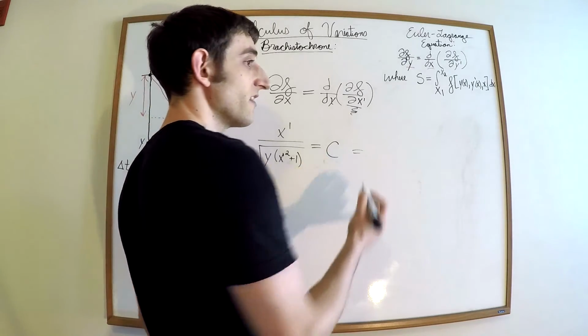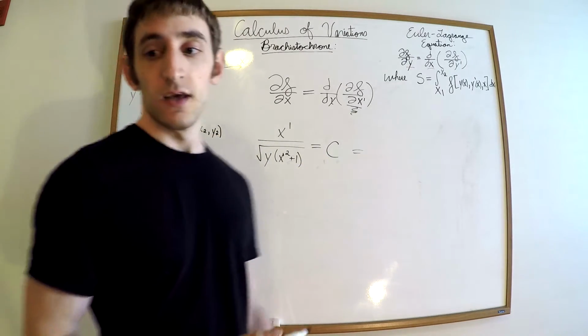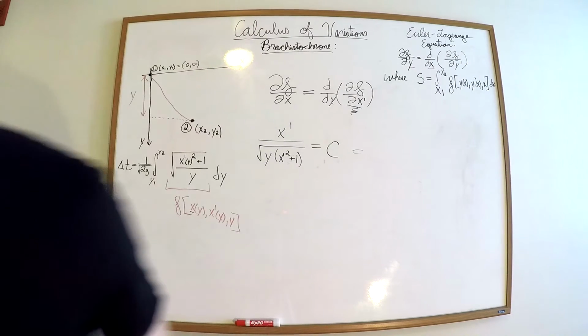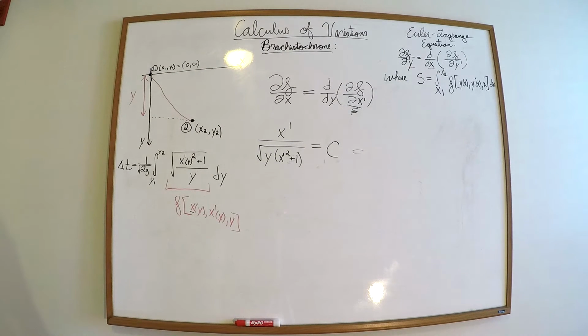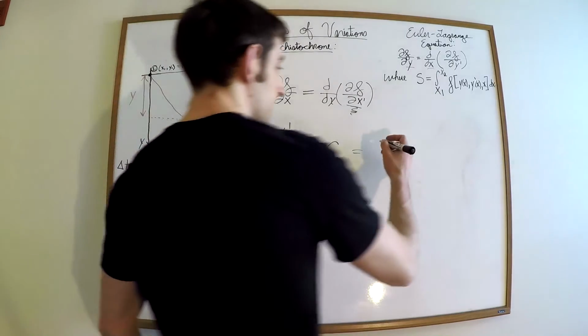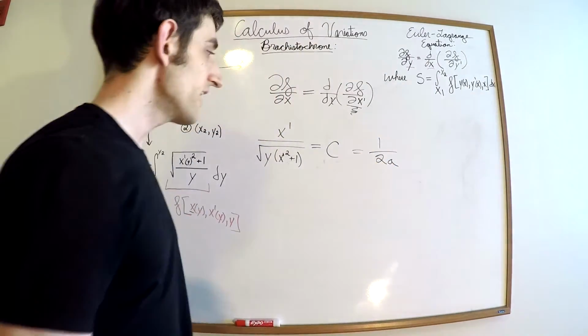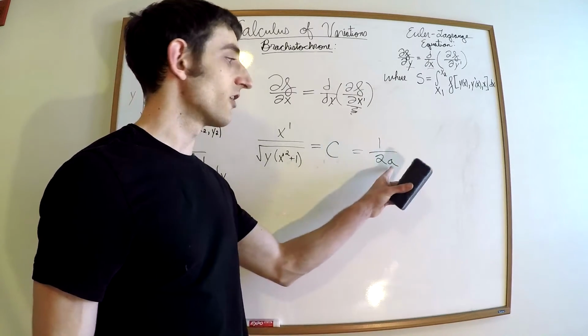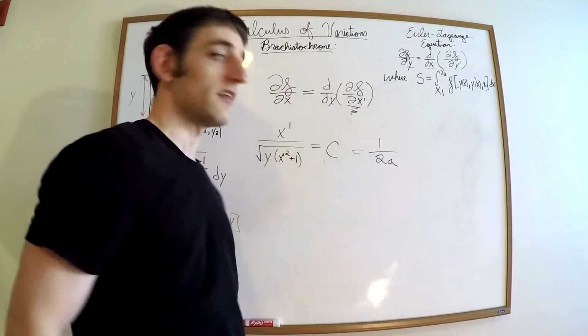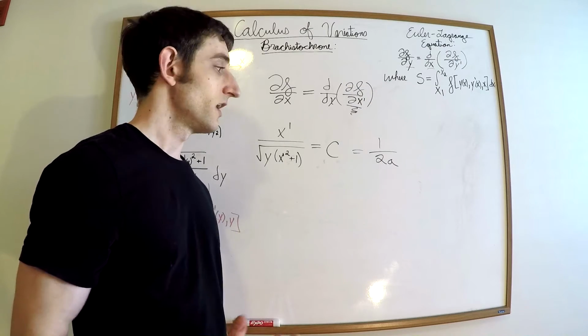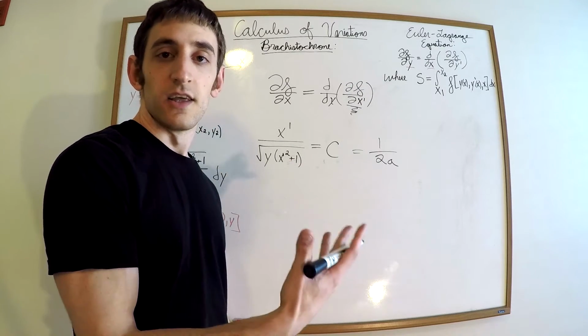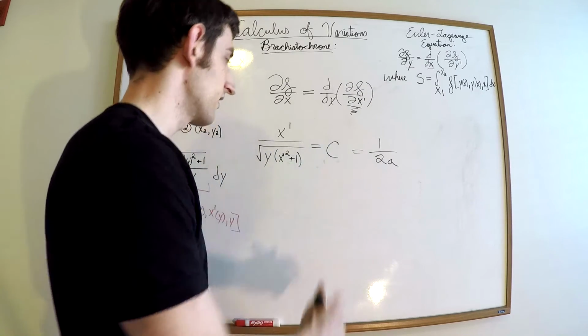So I'm going to define this constant as another constant. Let me take a look at my notes and verify I'm using the right thing. Okay, so I was correct. So we're going to define this as 1 over 2a. All I'm saying is that this constant c is going to be a new constant. This a is another constant, so it's still a constant, right? If you divide by a constant, you still have a constant, right? So I didn't change anything here.